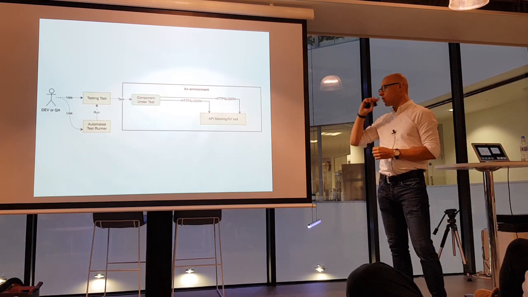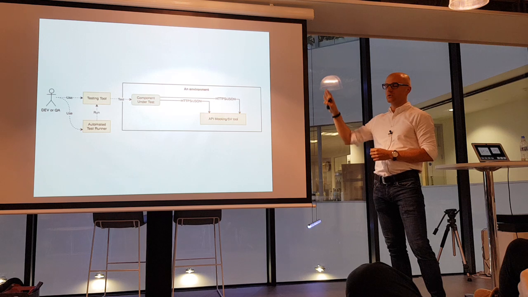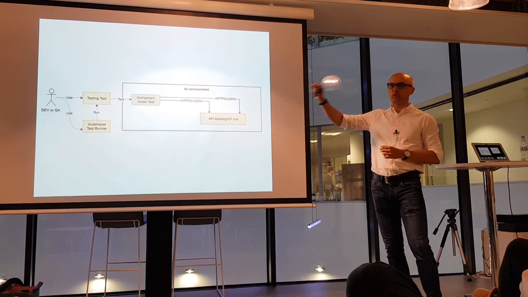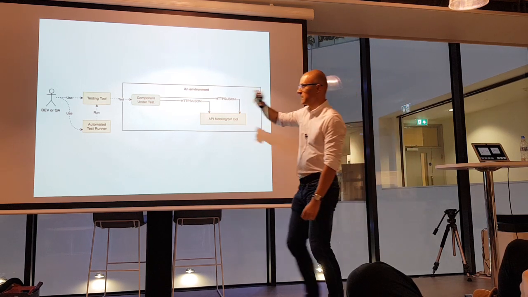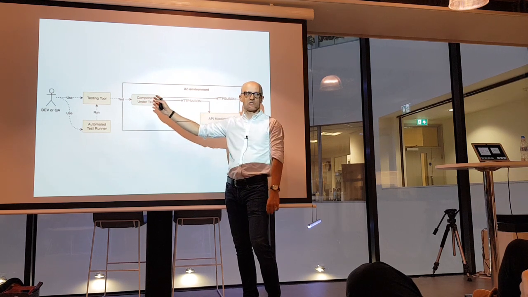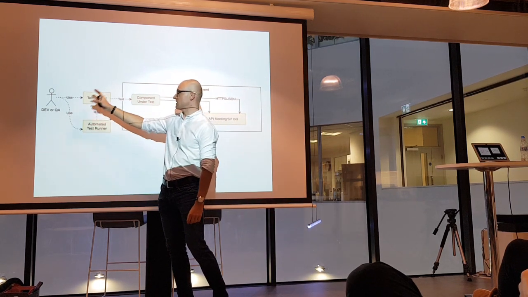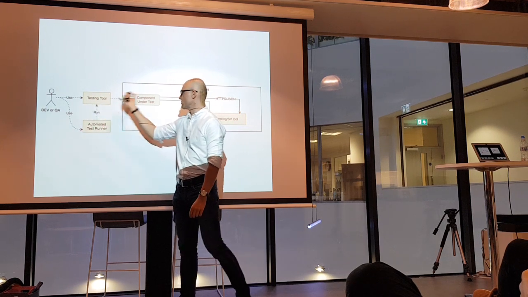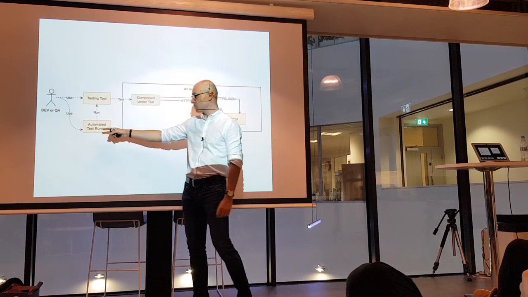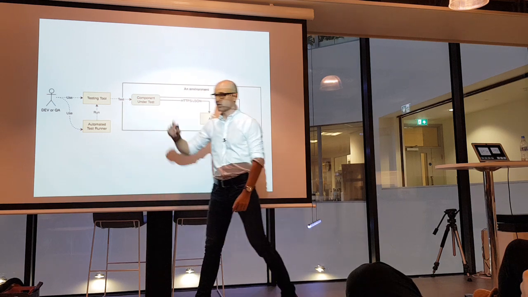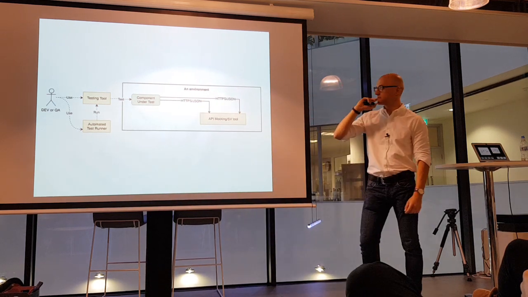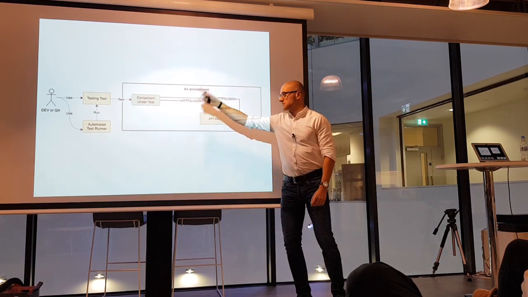All right, cool. So I hope what we're going to notice is that when we're testing all of those components that we just saw, we're going to have a component under test, which might be a microservice or a group of microservices, for example. We're going to have somebody testing those components using a testing tool, and possibly then using an automated test runner to run those automated tests. That's going to be done in some environment.